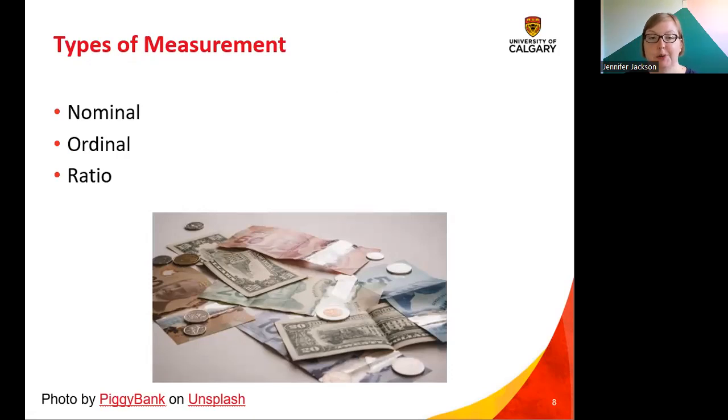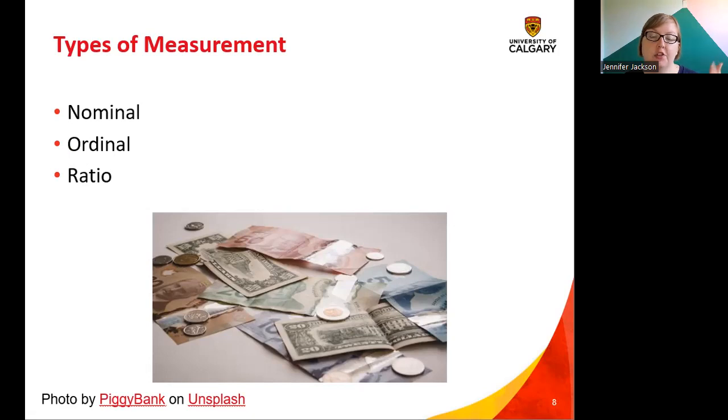So our types of measurement are nominal, ordinal, or ratio. There is more nuance and some other arguments of different kinds, but we're going to stick with the main priority here. So nominal variables, a nominal measurement, just as it implies, is based on the name. So nominal are categories that are different by name, but not by value. So gender is a perfect example of a nominal category.